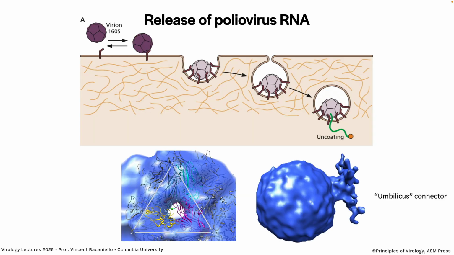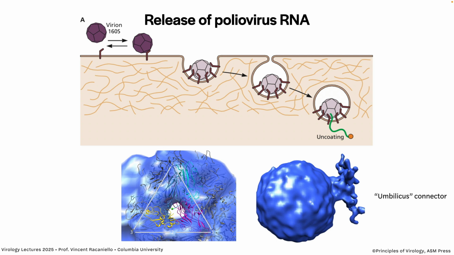For poliovirus, it's simply the receptor that causes a pore to form between the virus and the cell. So here we have a virus particle binding a receptor. The receptor interaction causes a conformational change in the particle that releases the RNA very soon after the vesicles form near the plasma membrane. How is it released?